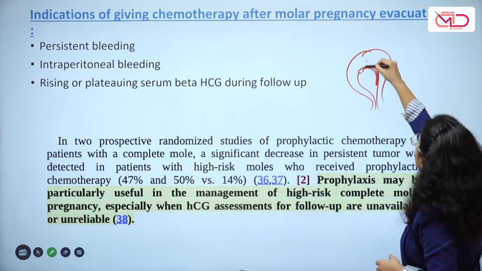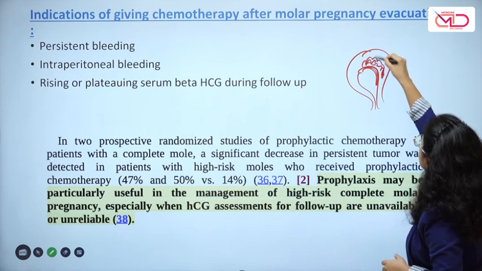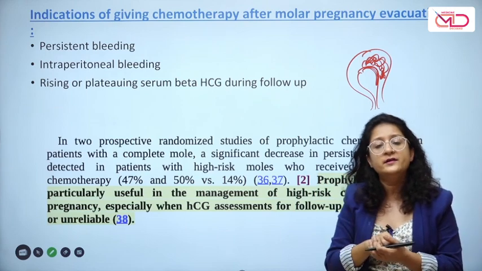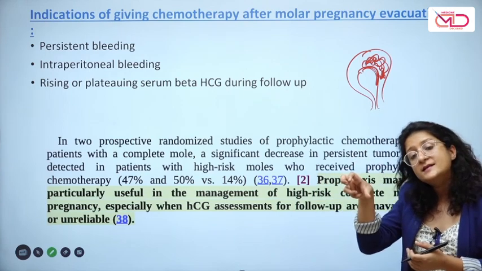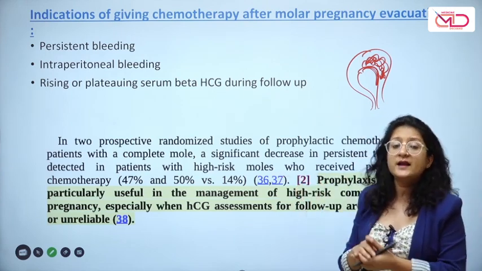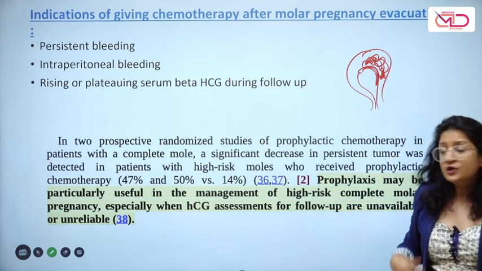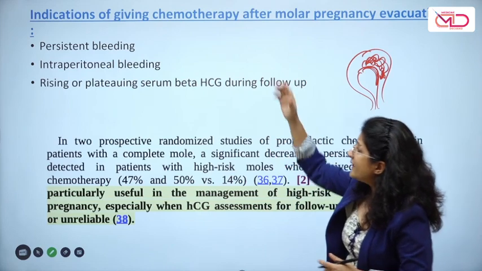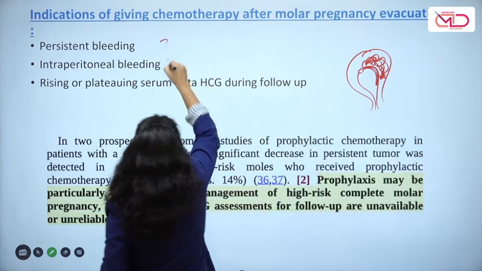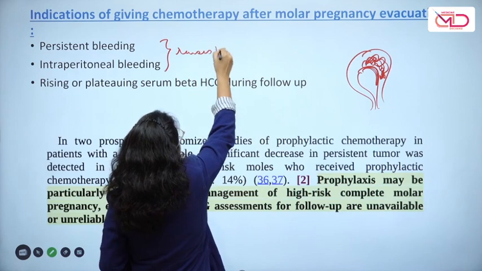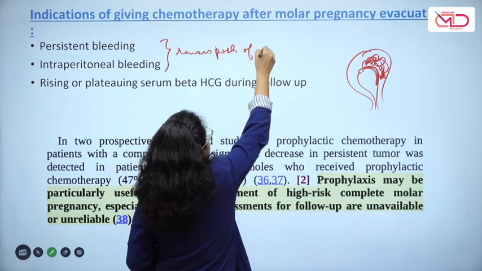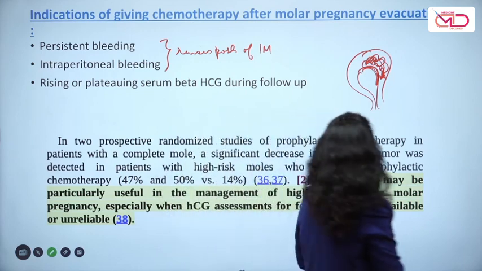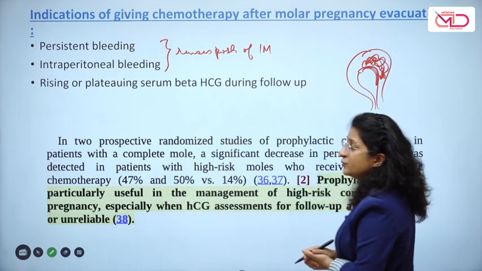Maybe it's an invasive mole that is eating into the myometrium. Maybe that eating is so extensive that it has perforated the uterus and is now leading to intraperitoneal bleeding. So if there is persistent bleeding or intraperitoneal bleeding, that raises the possibility of invasive mole. Then it is justified to give post-evacuation chemotherapy.